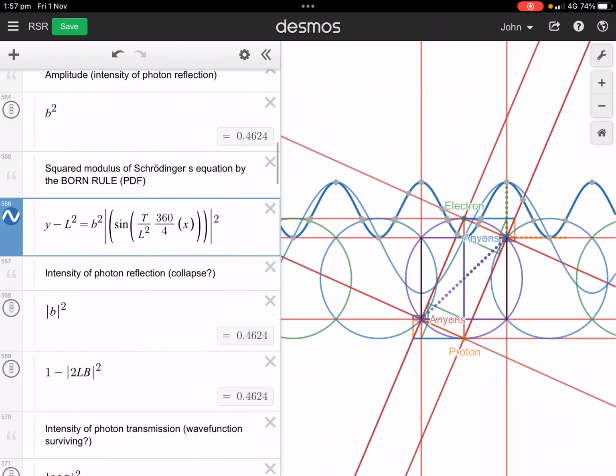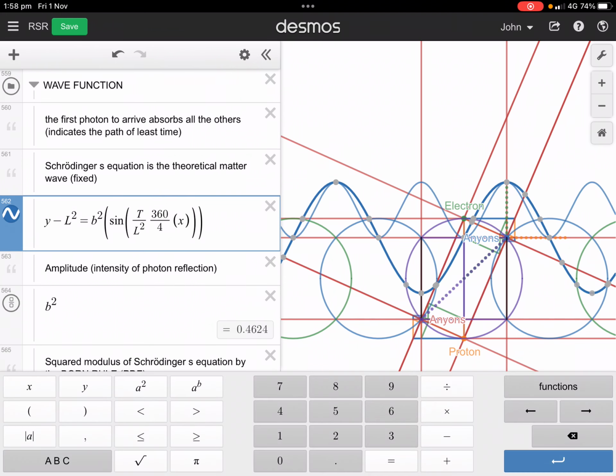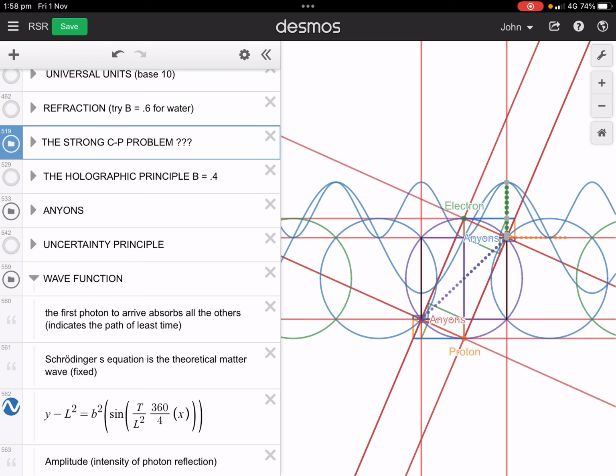But I don't really need to square the modulus, because I can just say that what's it called? The Bohm-Aharonov, Bohmian mechanics.